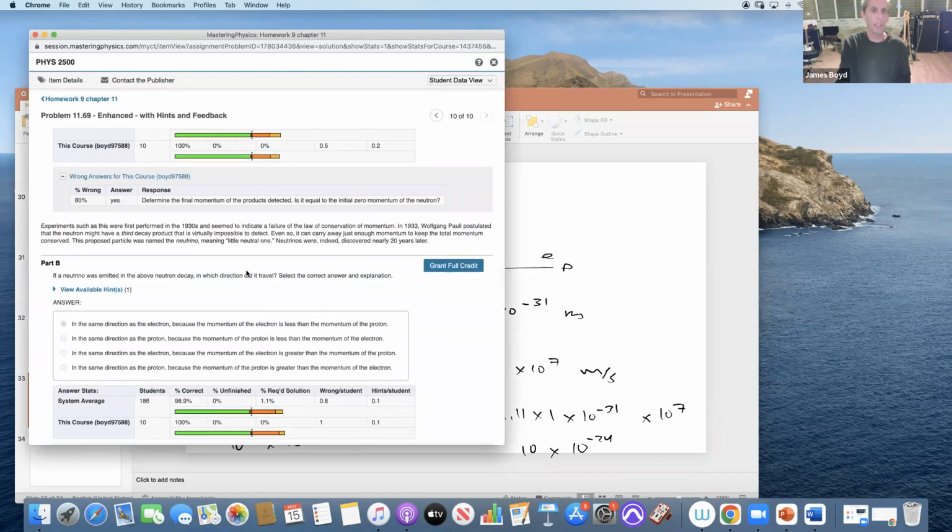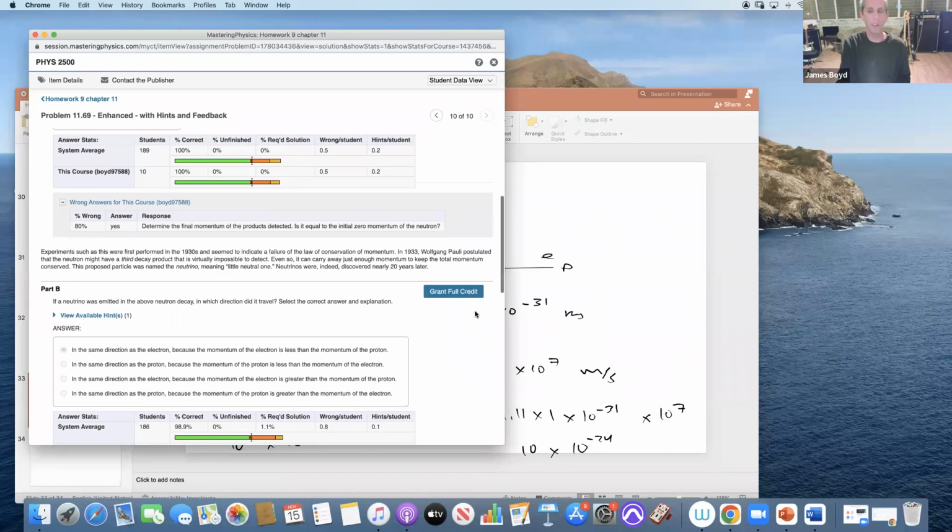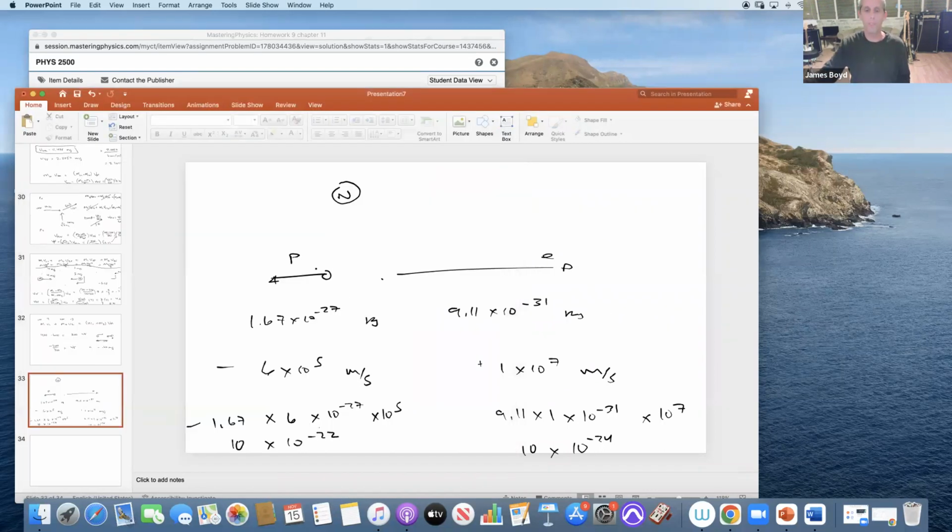The neutrino was emitted in the above decay. In what direction did it travel? So if there was a neutrino, it would have had to go in that direction with a momentum of about 100 times 10 to the minus 24, so that this would add to that and we would get 990 times 10 to the negative 24.